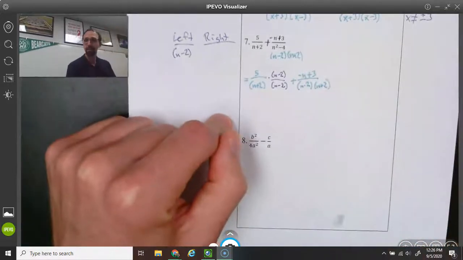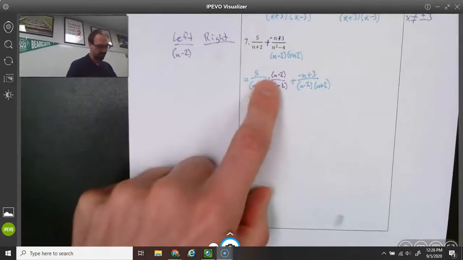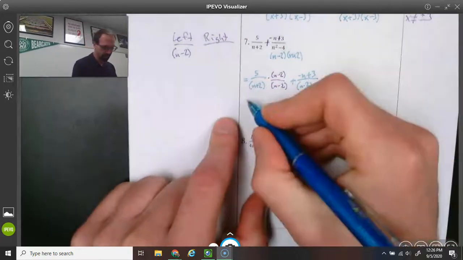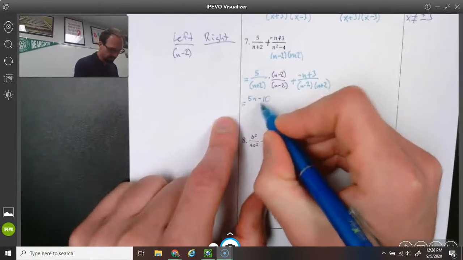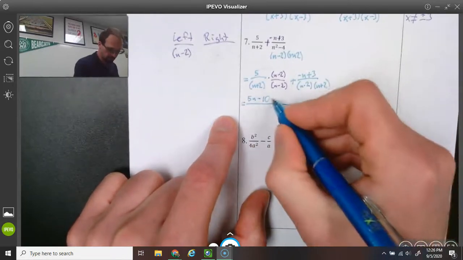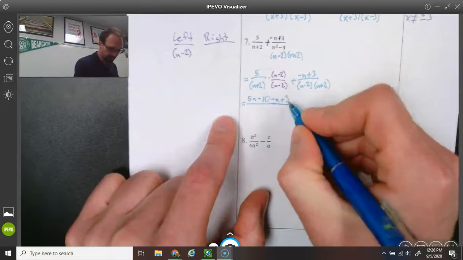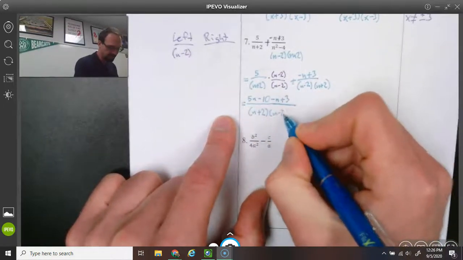Okay. So now, we don't need to multiply anything on the right side. So now I can go ahead and multiply. Here, we're distributing the 5. So this is going to end up with 5n minus 10 all over n plus 2 and n minus 2, minus n plus 3 all over n plus 2 and n minus 2.